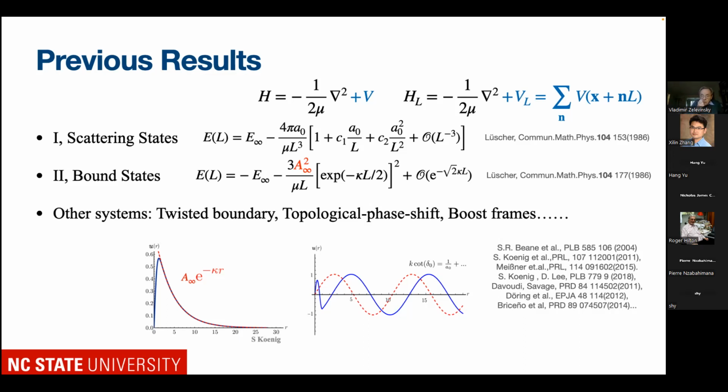For the scattering states, the finite volume effect decays as a power law, and for the bound states, it decays exponentially. These relations can also be related to various observables. In this case, for the bound states, it's the asymptotic normalization coefficient (ANC), which is related to nuclear reaction theory. They also generalize to all kinds of different systems. If you want to know more about this wide subject, you can take a look at the reference here.